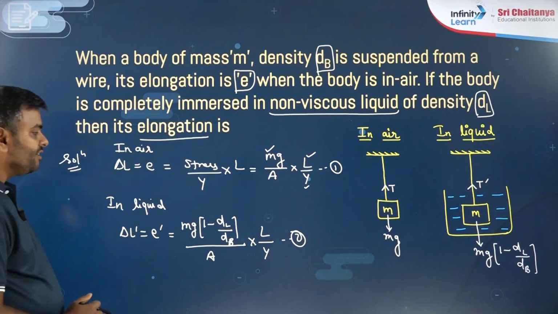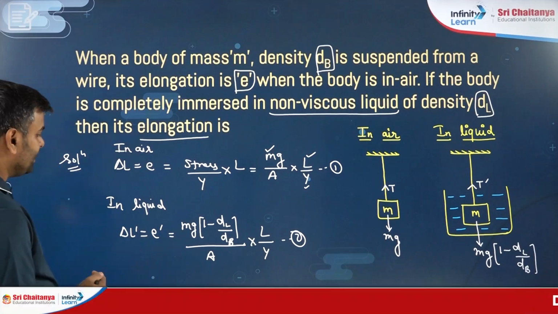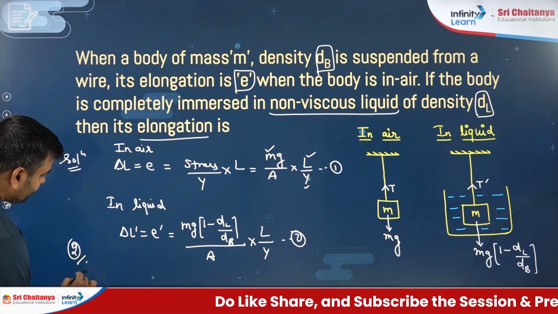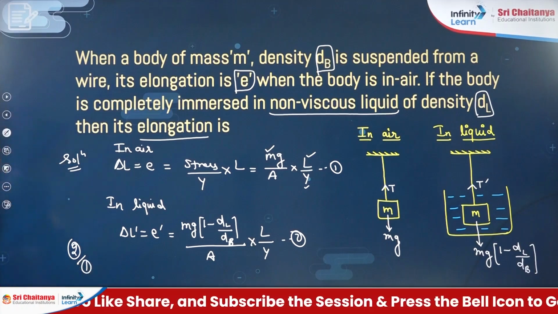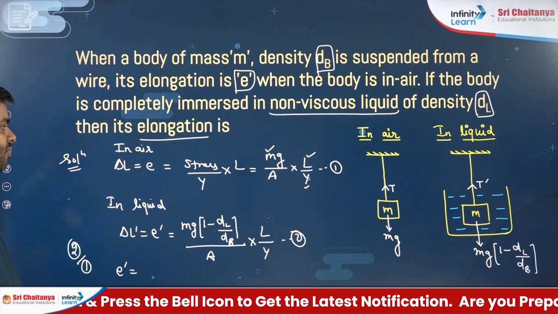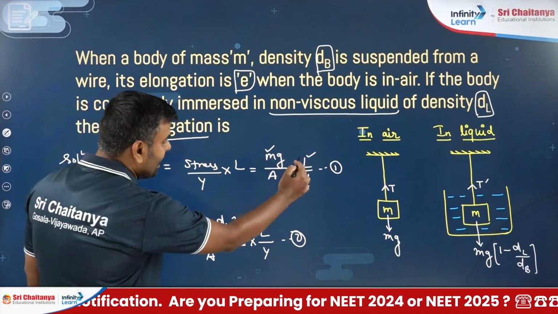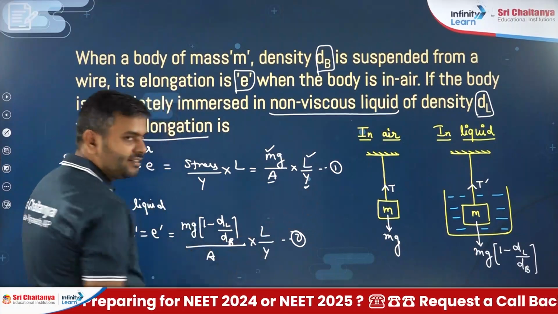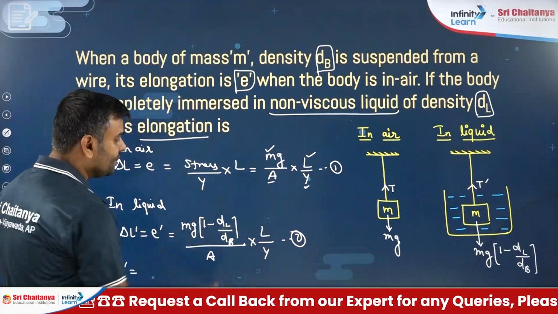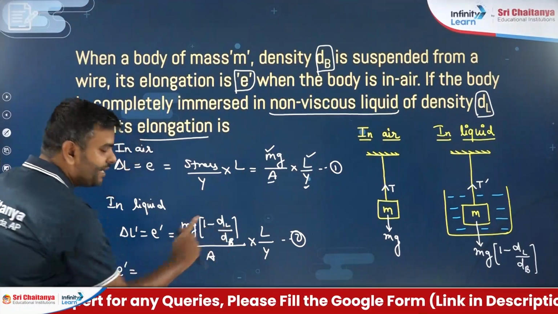When we divide these two equations, what will be the final answer? If we divide the second equation by the first equation, then you can see that all the values will cancel. These four quantities, mg, L, A and Y, will get cancelled. The only quantity which is not going to cancel is 1 minus dl by dv.